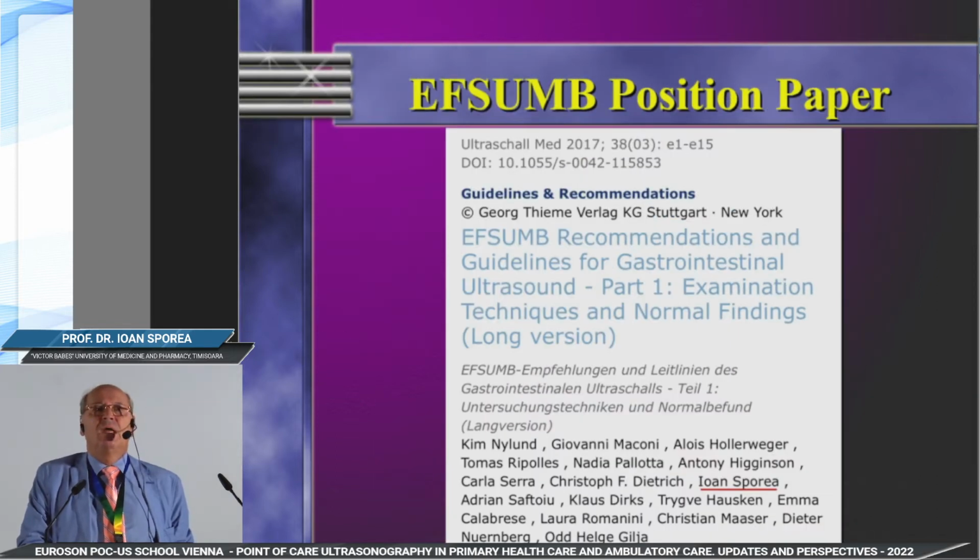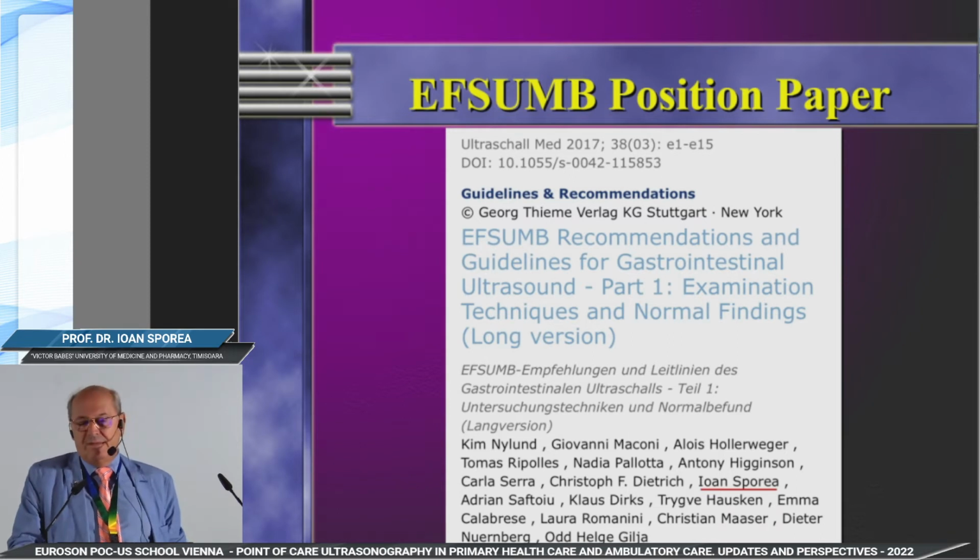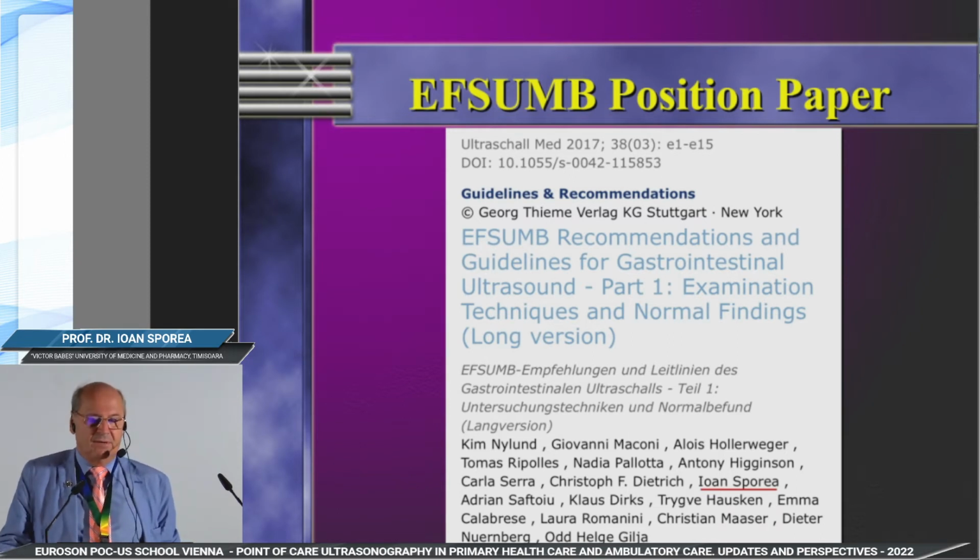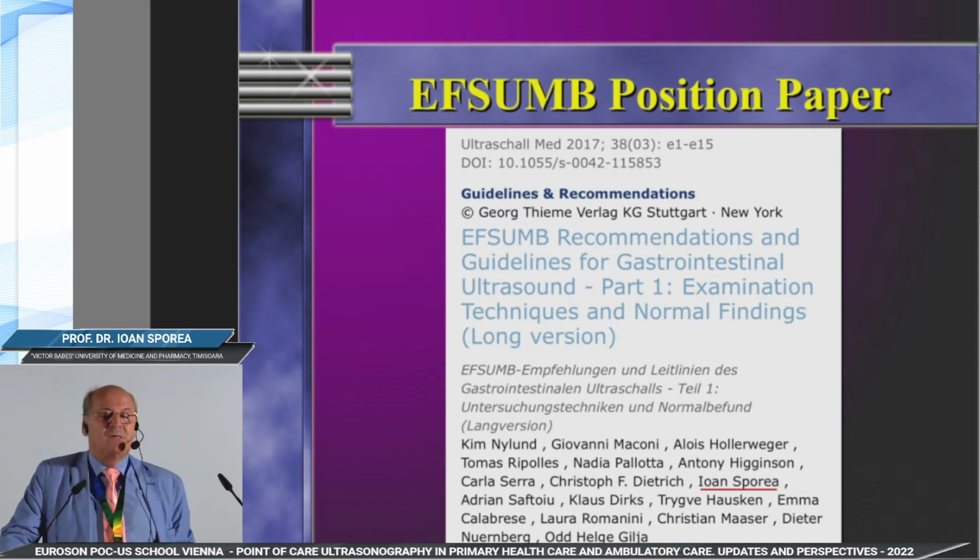Okay, if you would like to learn about gastrointestinal ultrasound, we, together with Christian Jensen, another good friend of ours, have a lot of position papers, and these are 7 papers or guideline recommendations. The first one is about how to do the examination. You can get this paper from the EFSUMB site. Okay, then the first part is examination and normal findings.